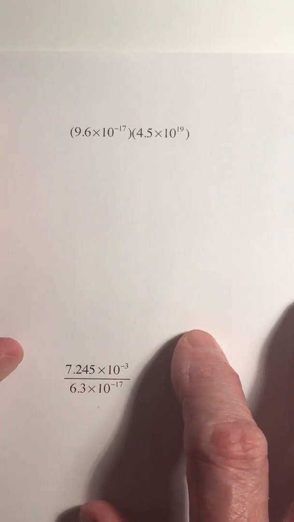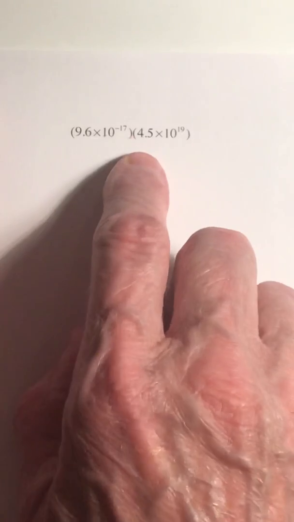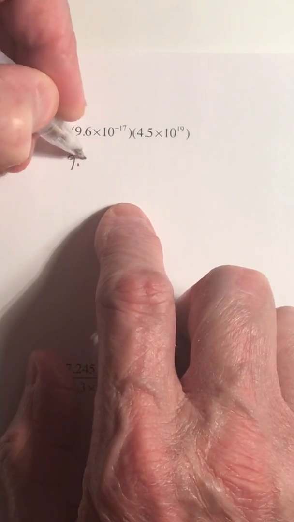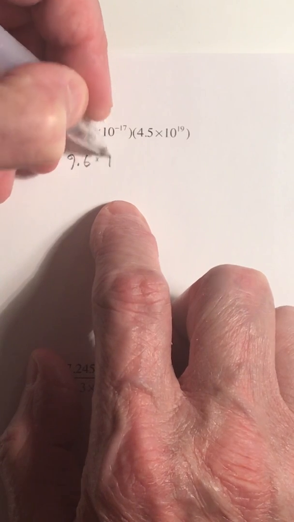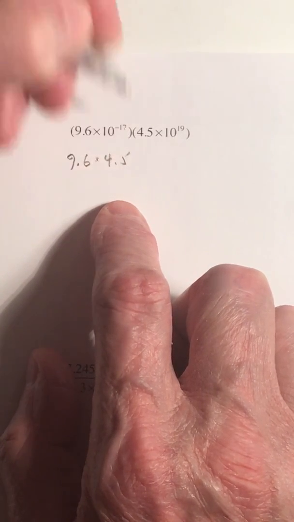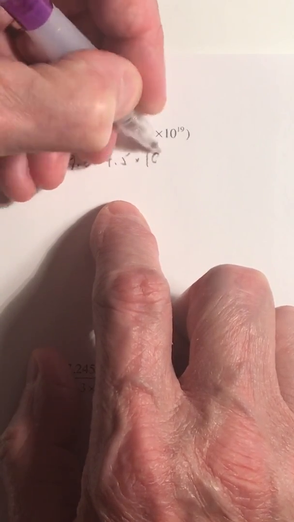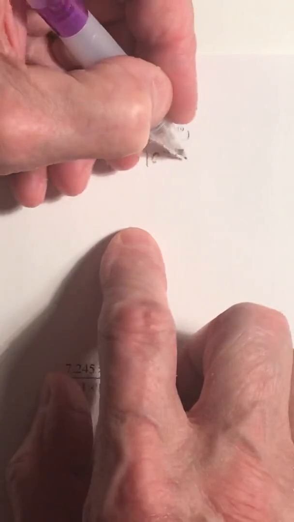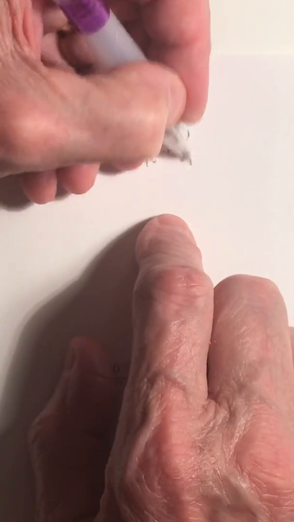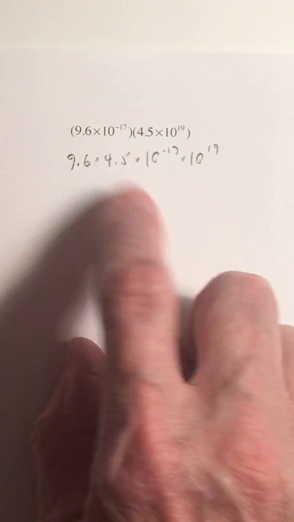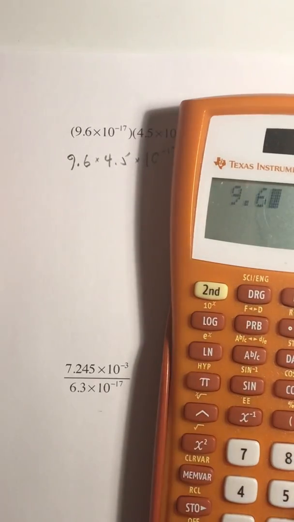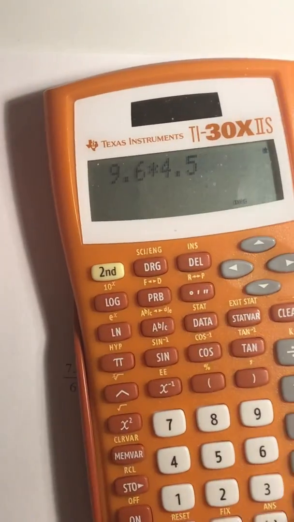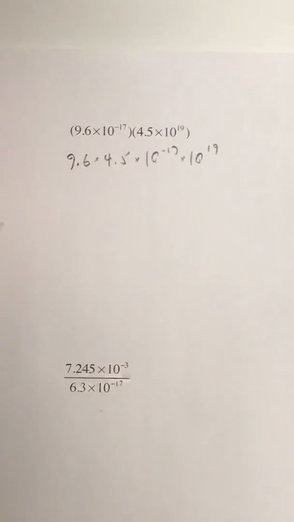Okay, here's another similar. I'll multiply these together. Let me write this out, not what I'm doing. I'm doing 9.6 times 4.5 times 10 to the negative 17 times 10 to the positive 19. So 9.6 times 4.5 is 43.2.